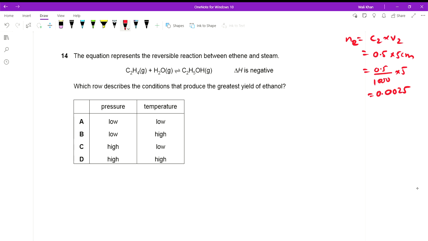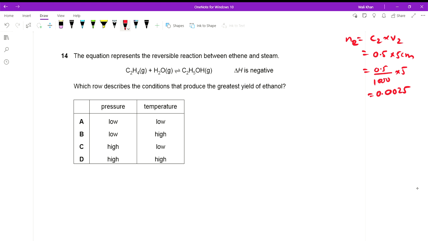Which row describes the condition that produces the greatest yield of ethanol?